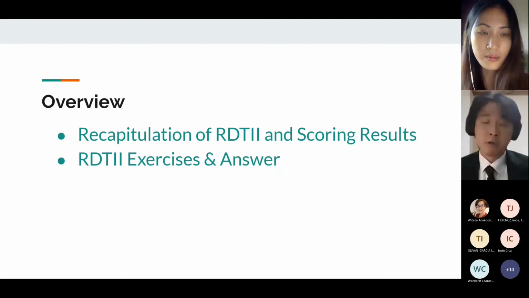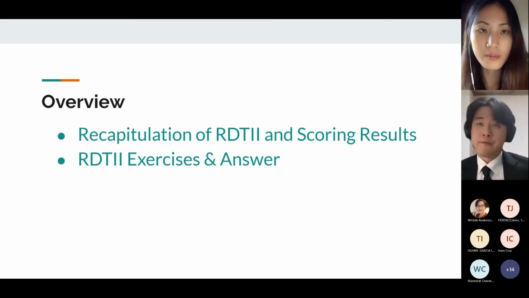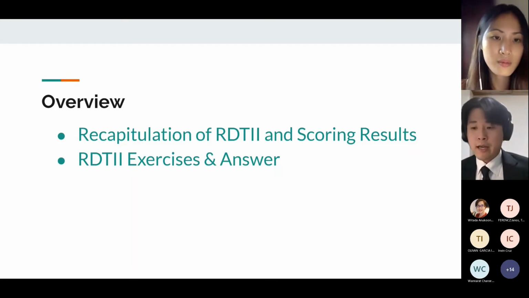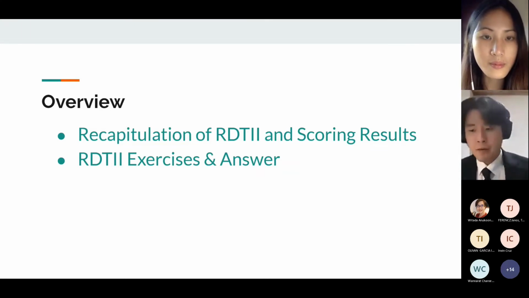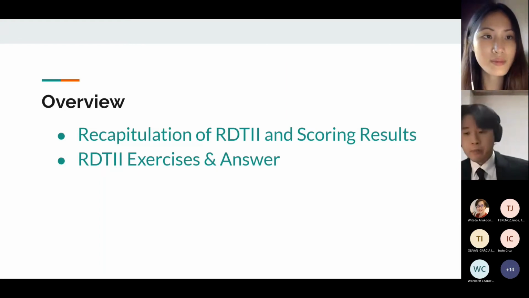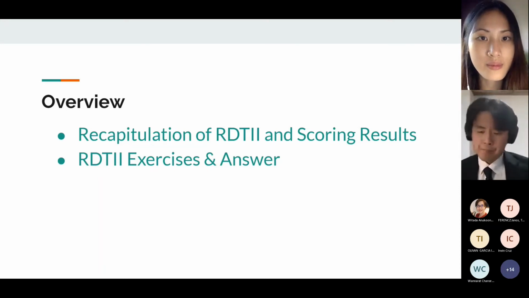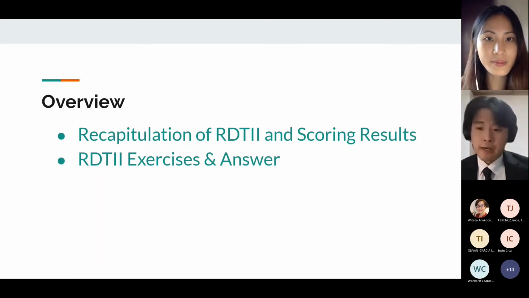In this section, we will also give you some scoring results, basically what we have found under the RDTII framework. As Vitada mentioned at the beginning of this session, over this year we invited researchers to gather information about the regulatory measures that apply to digital trade by using RDTII, and Natisha and I were among the researchers.